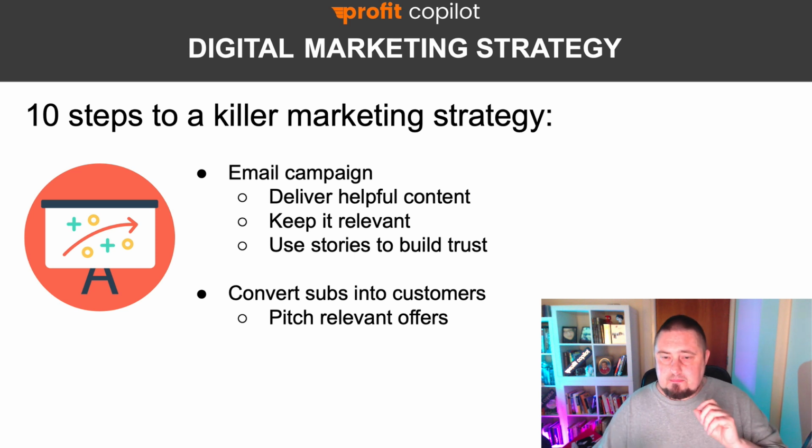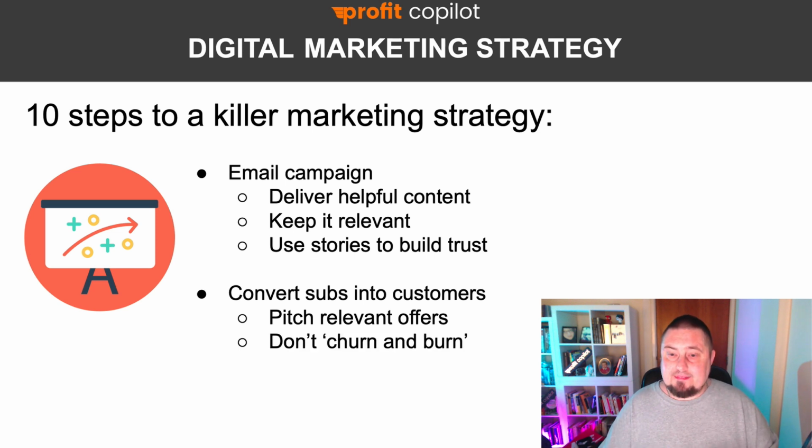So there's an important thing that you need to remember when you're promoting content to your email list, and that is to not churn and burn your list. So many people screw up when it comes to this. They build an email list of a few hundred or a few thousand people, and then they build up all the goodwill and all the trust and everything that you need to do business with people on the internet.